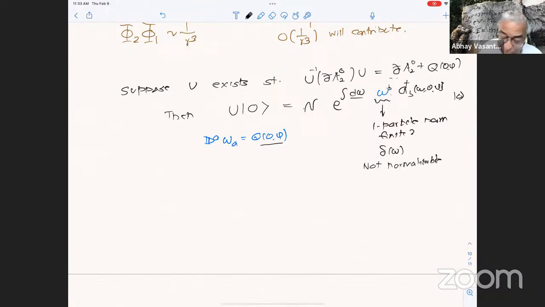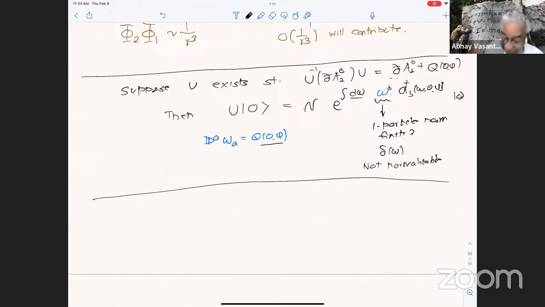This is also the same thing that you do when you want to show this in Bogoliubov transformations, in quantum field theory in curved space-time or in external potential problems.